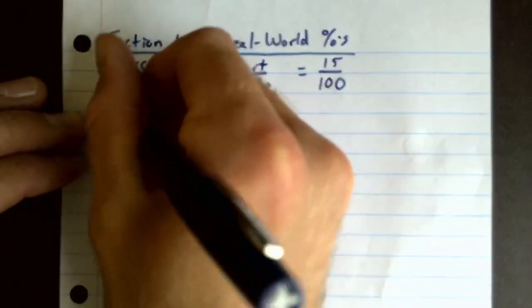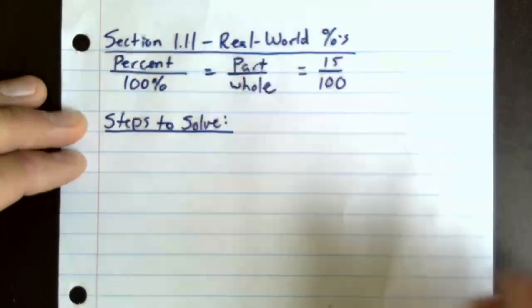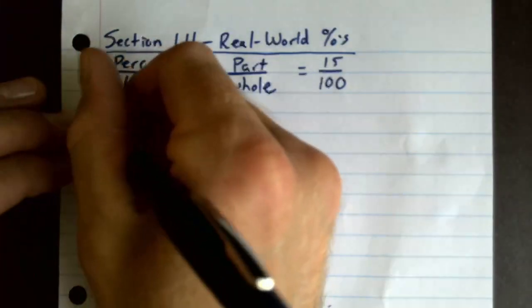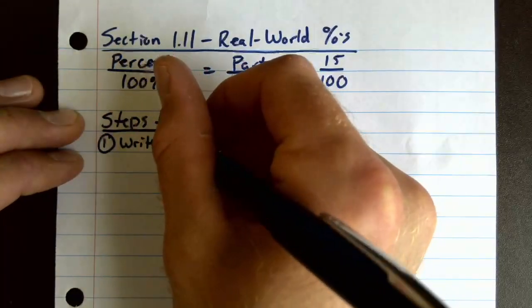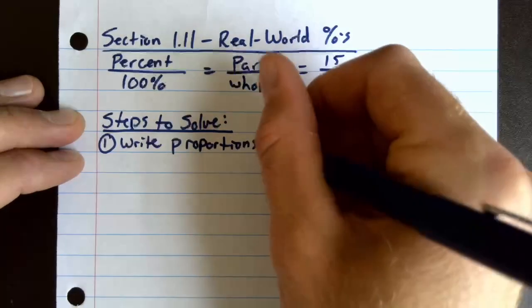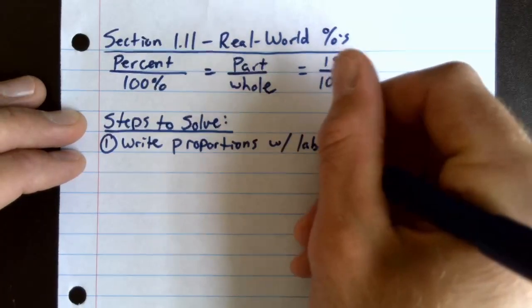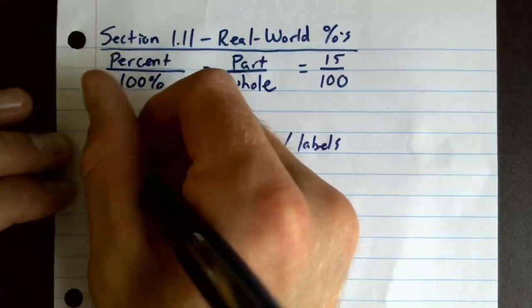So let's take a look at the steps to solve real world percents. Step one is to write proportions with labels. Step two is cross multiply.